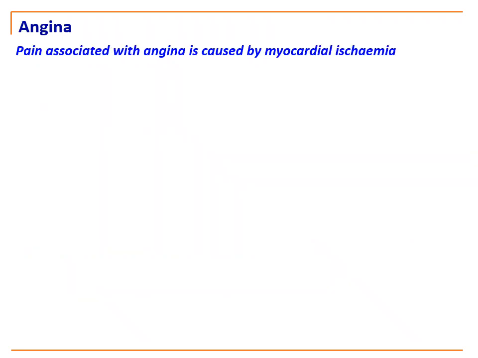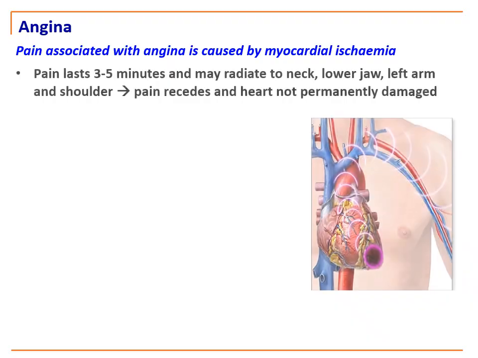Okay, so now we're going to go through each of the types of coronary heart disease that we've spoken about, so angina, MI, and we'll give a little bit of an overview of each one. So angina is pain due to myocardial ischemia. So we're not getting enough blood coming to the heart muscle tissue.